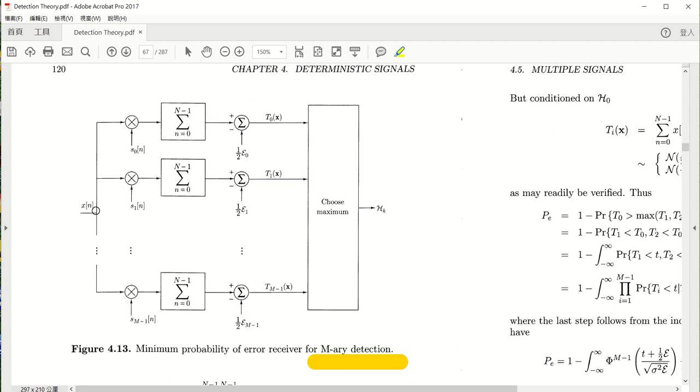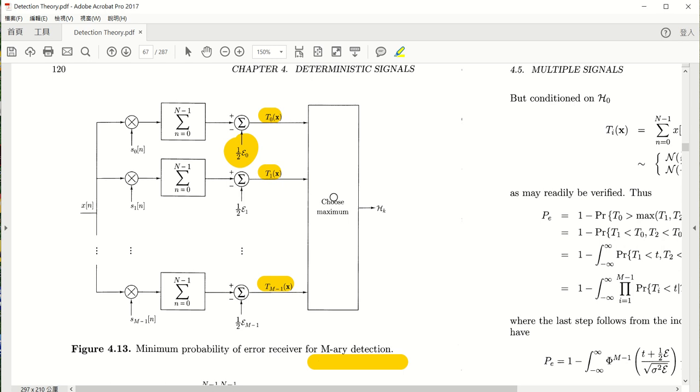Other than just binary, you're going to have M-ary, and that signal observation comes in, and then you correlate with S0, you correlate with S1, correlate with this, and then you do summation, and then you do adjustment for the signal energy, and eventually you come up with this, all the way down to here.